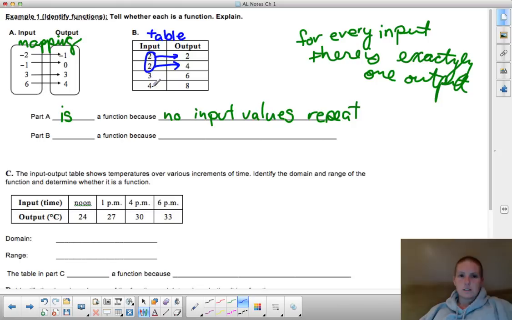That's a repetition. So part B is not a function because the x value or the input value of 2 repeats.